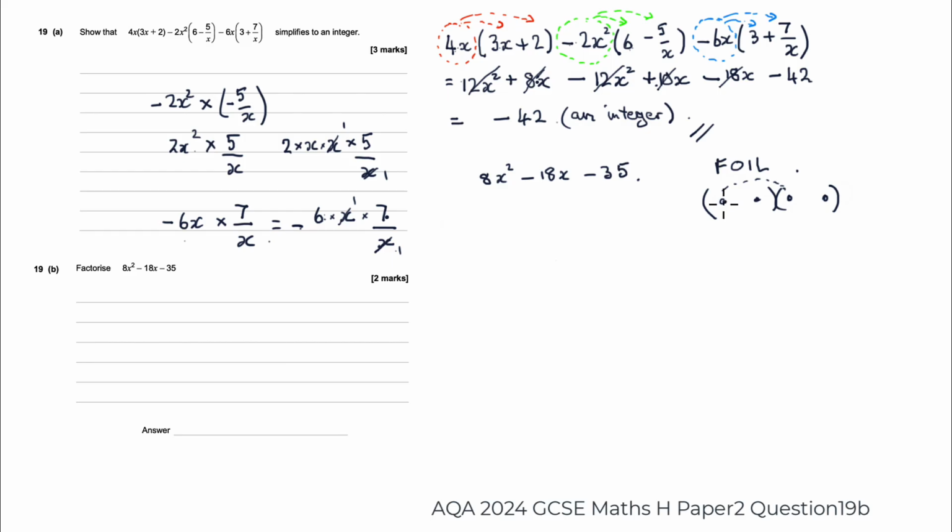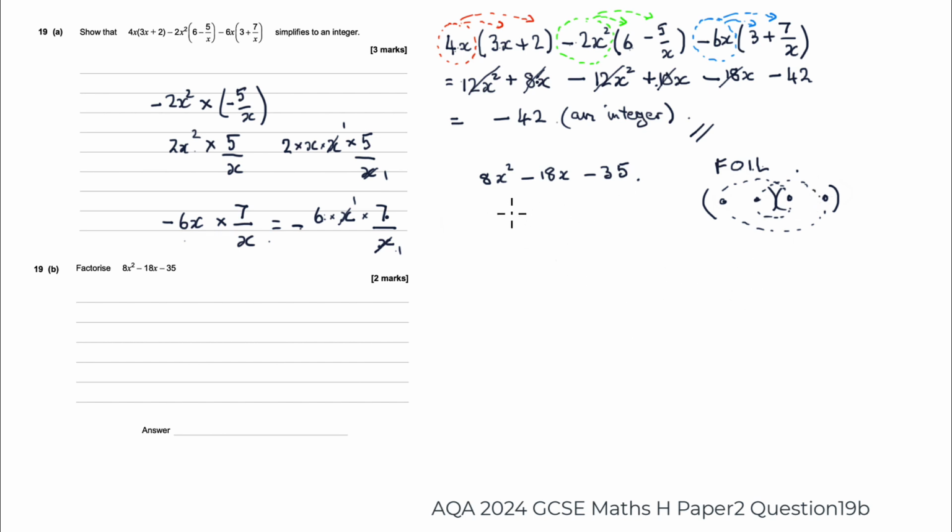That's the first term in each bracket. O is the outside 2 multiplied together. I is the inside 2 multiplied. And then L stands for the last 2 multiplied together.